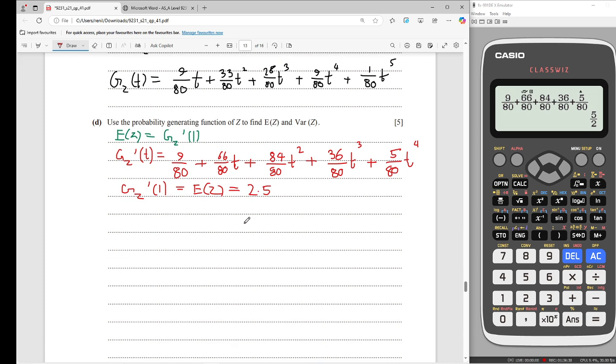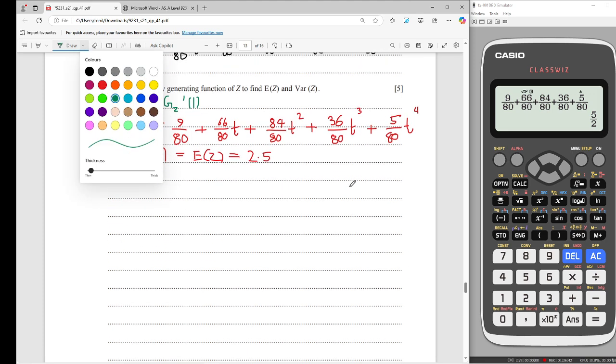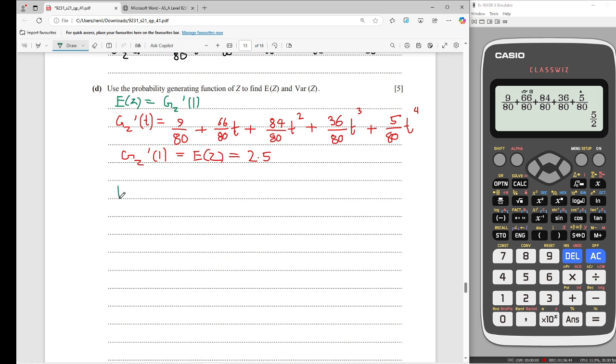Okay, and now to find the variance of the z value. To find variance of z, how do we do this? So this is going to be a bit more complex, but it is just as doable.